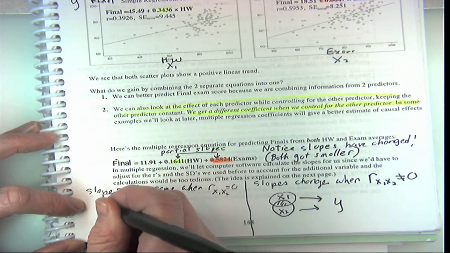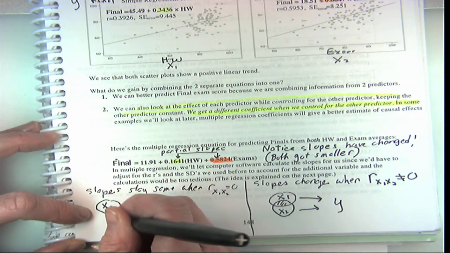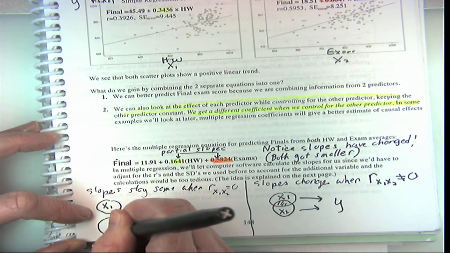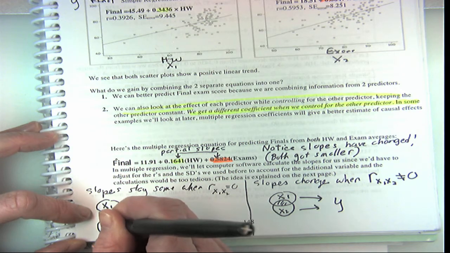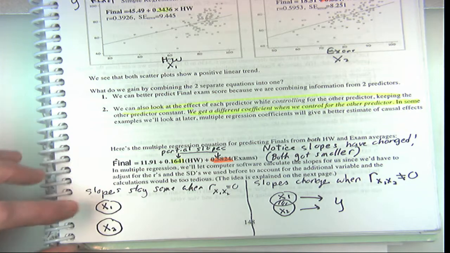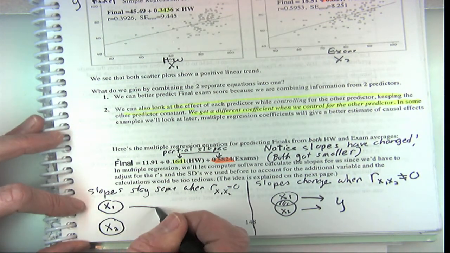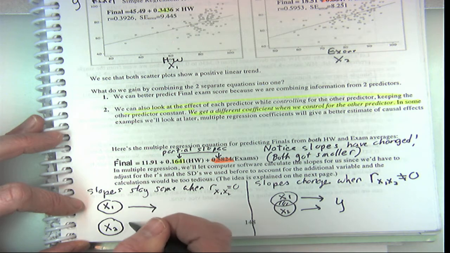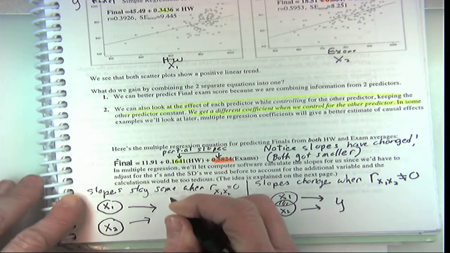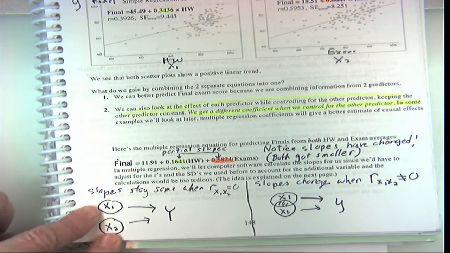So let's say x1 was height or something like that, and x2 was exam score, something really uncorrelated, and they might both have an effect for some reason on your final exam scores on y, but they're separate.